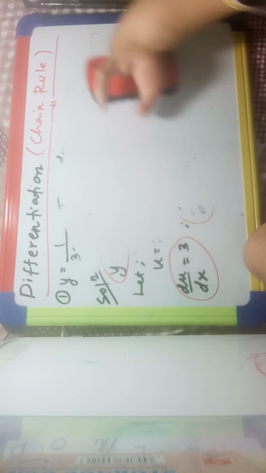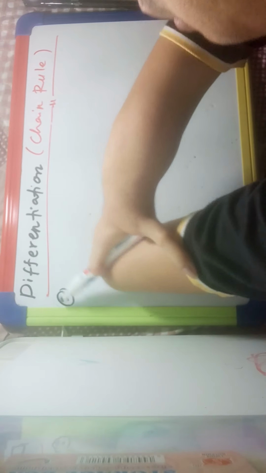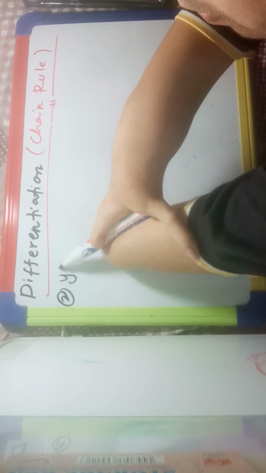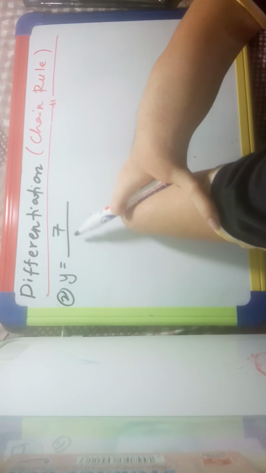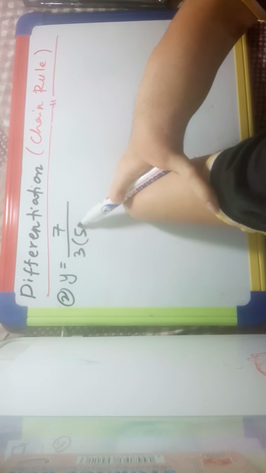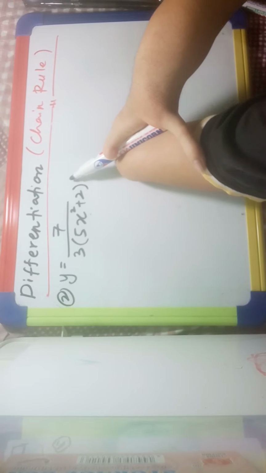Now I will show you the next example, example number 2. Always remember, in order for you to find the chain rule, if you can think how to simplify the equation, it will be easy. For example, if we have y equal to, let's say, 7 over 3 in bracket (5x squared plus 2) to the power of 3.